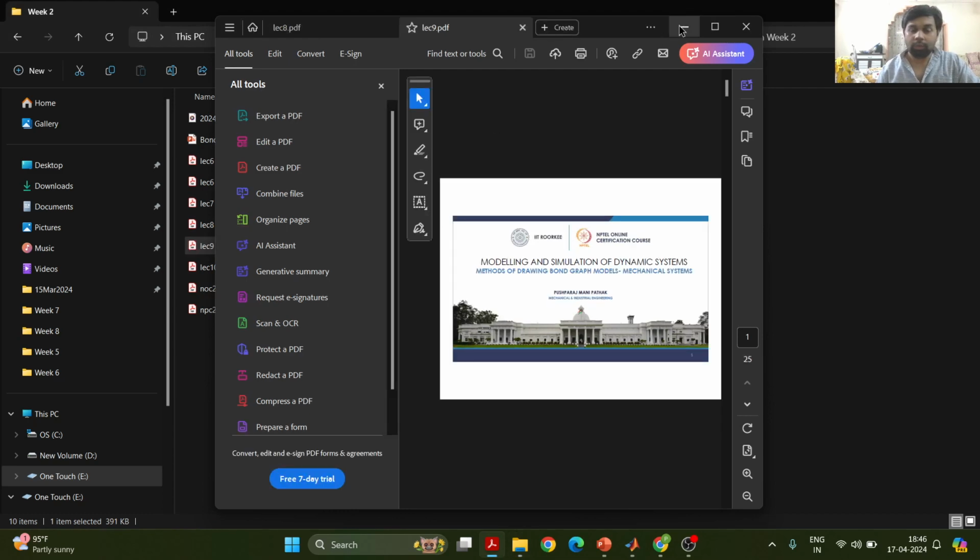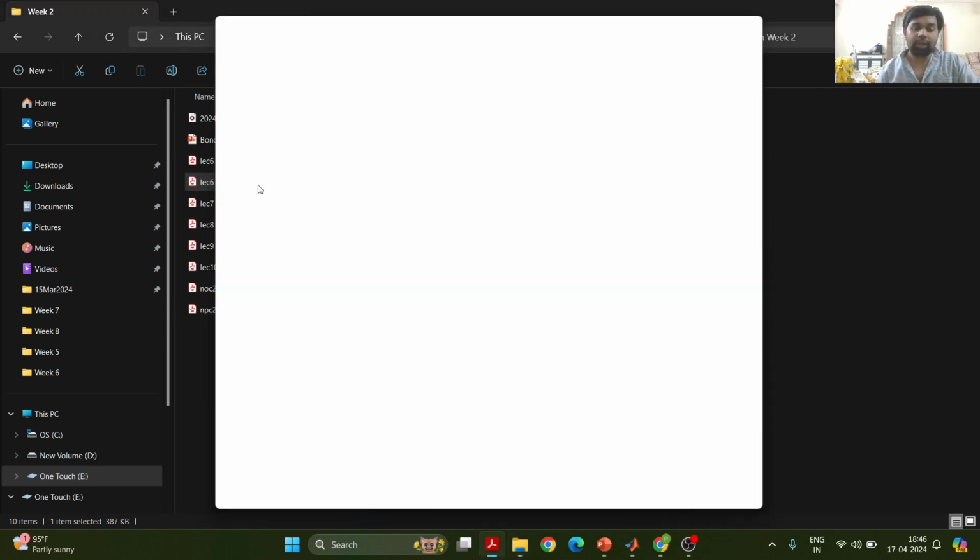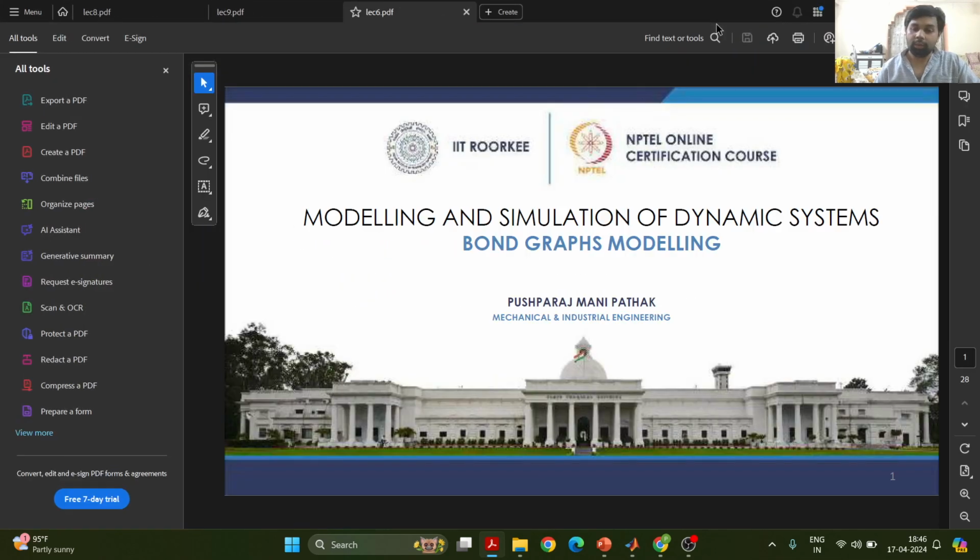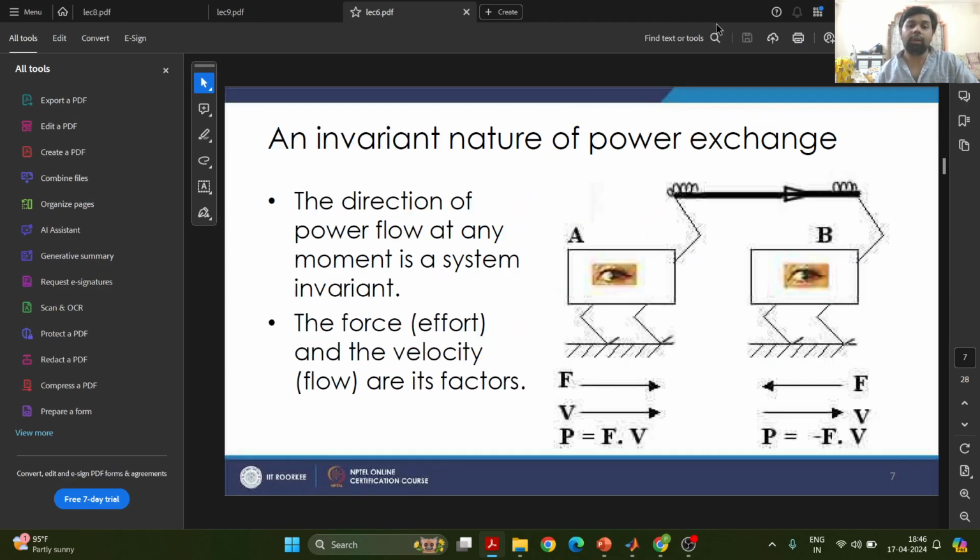Yes, from that chapter only, basically from the basic elements of the bond graph modeling.